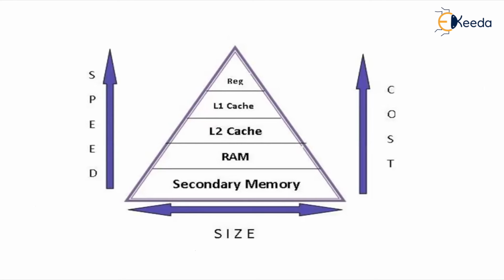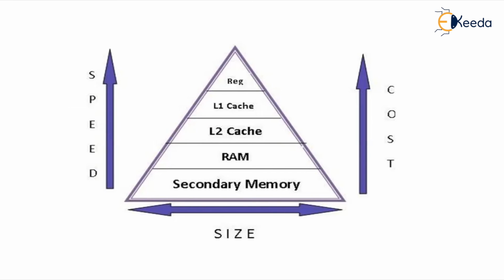Now, when you look at this diagram, it is basically divided into three parts: speed, cost, and size. This diagram goes from bottom to top. It's a pyramid.